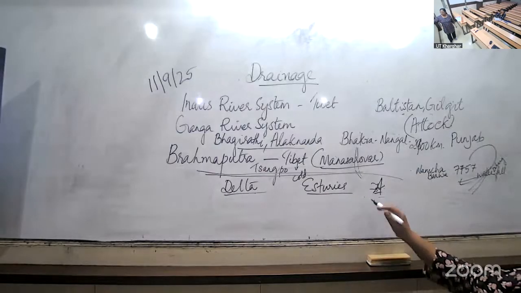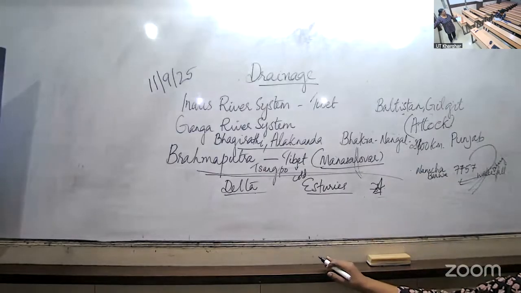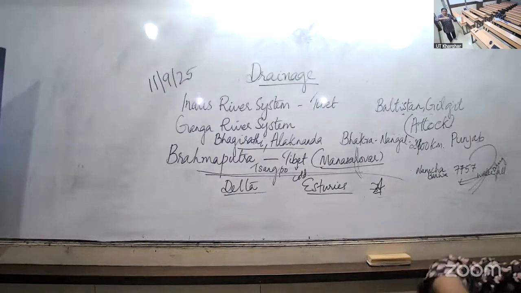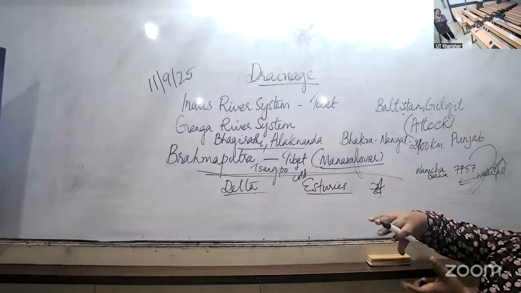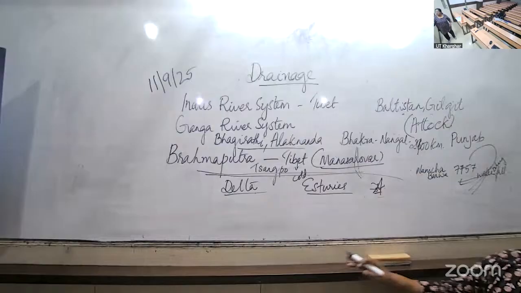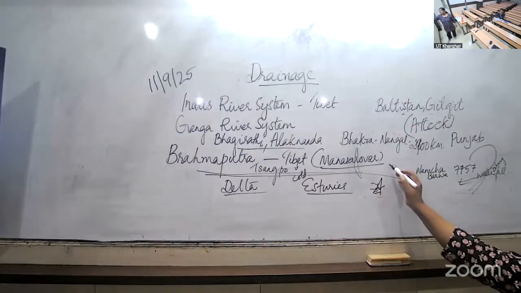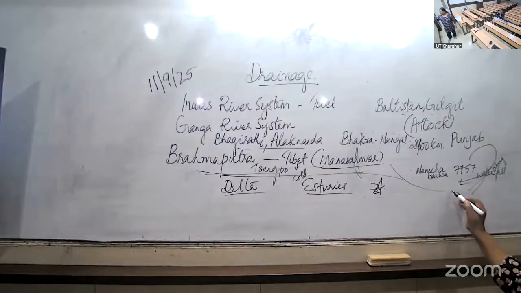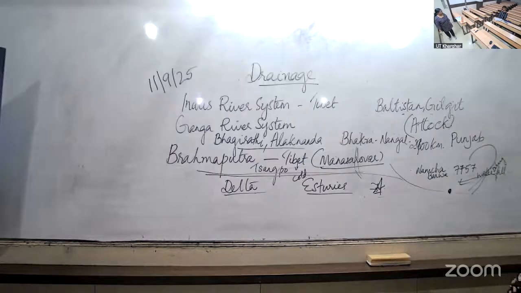So that is why that particular landmass got the name delta. Many of the deltas are formed at the mouth of the rivers. We know that the river originating from that upper part to the lower part, and where it is joining that sea, it is called mouth. So in the mouth, the deltas are formed.